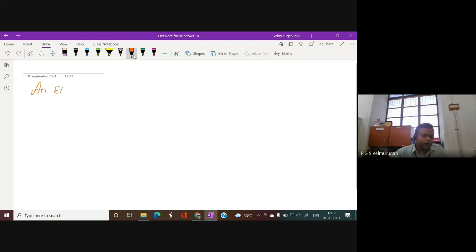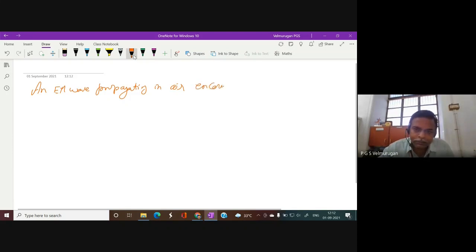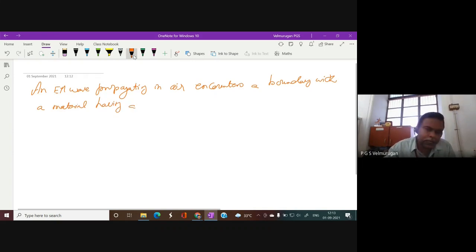An electromagnetic wave propagating in air encounters a boundary with a material having a dielectric constant of 4.